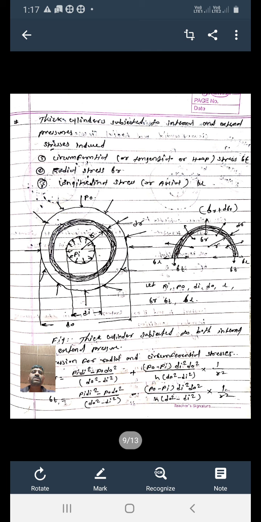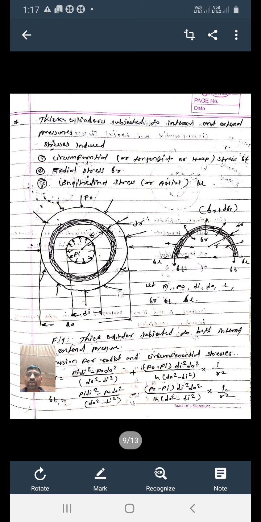First is the circumferential stress, also known as tangential or hoop stress, denoted by sigma t. Second is the radial stress, denoted by sigma r. And third is the longitudinal stress, also called axial stress, denoted by sigma l.